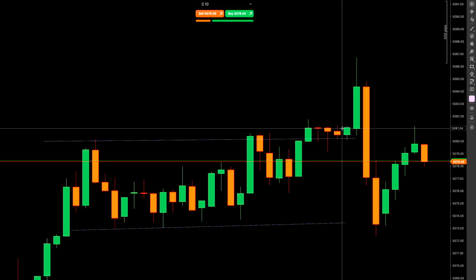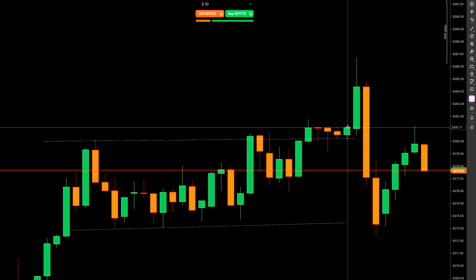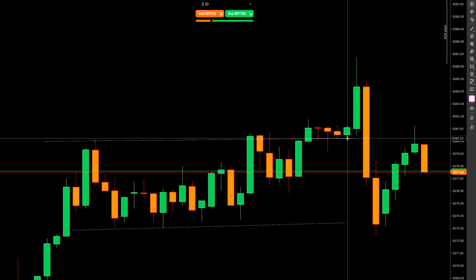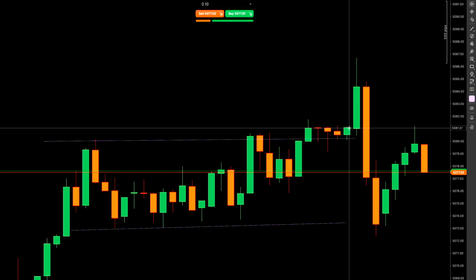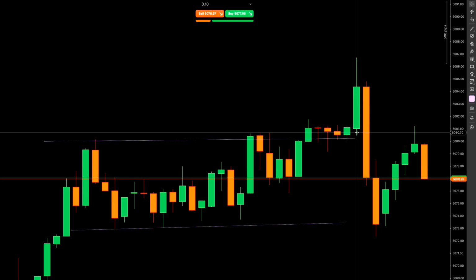All right, so now we have a little green candle that opens up here, testing this area, coming up, but no pressure, no strength to break through.